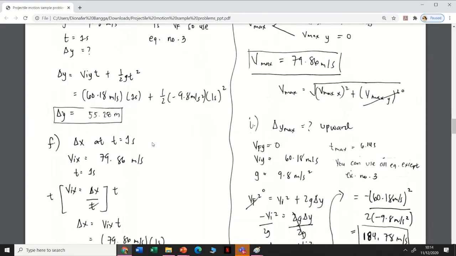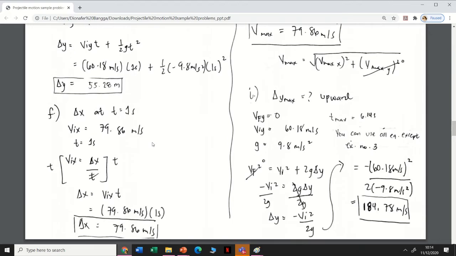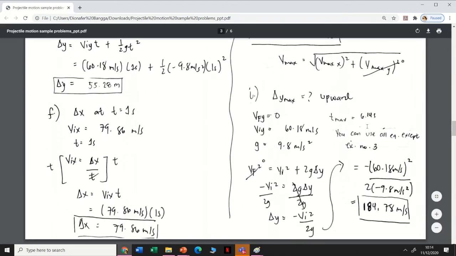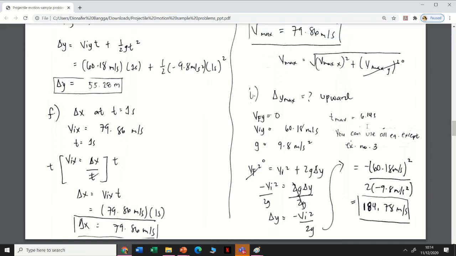So you could also write that one as a given in here, because that is within your analysis. We will be including the T max, or the time at the maximum point, which is 6.14 seconds, in our givens.